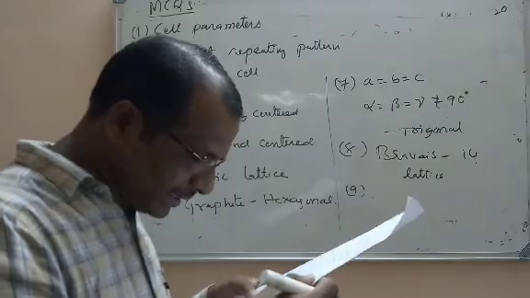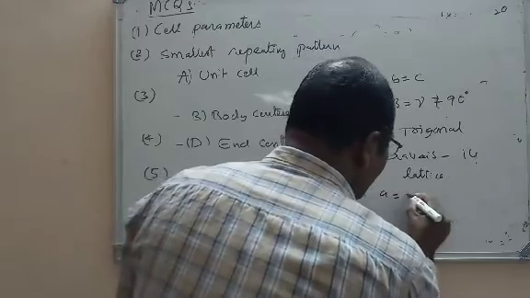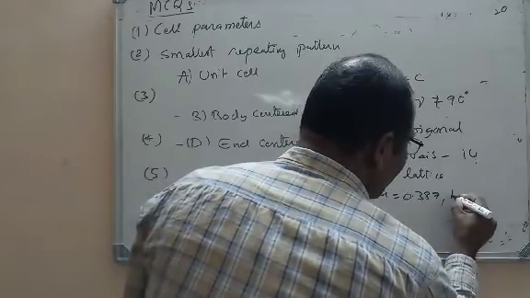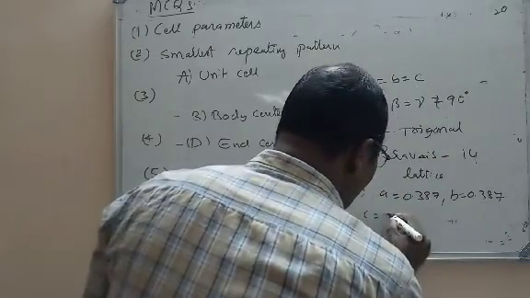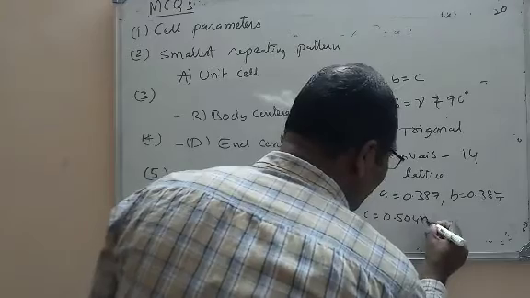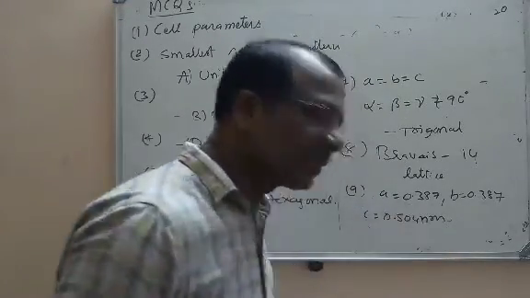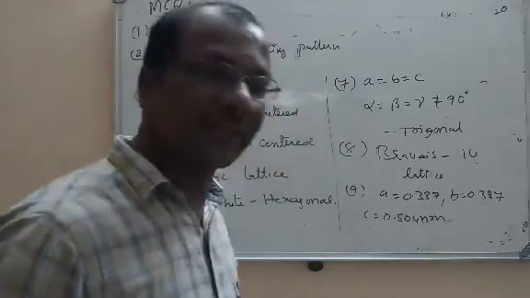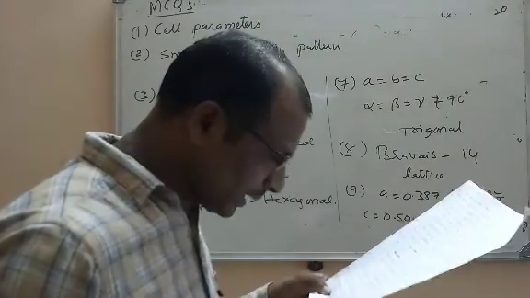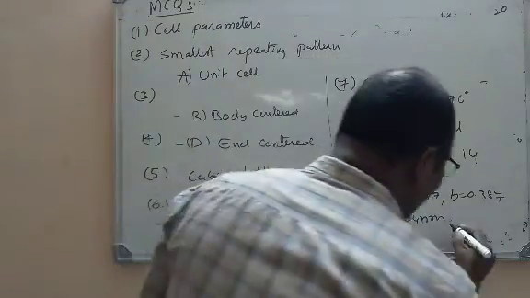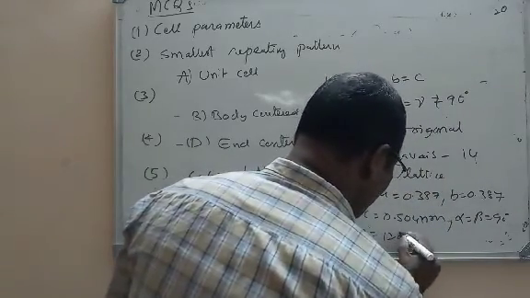Next, in a crystalline system, a compound has unit cell dimensions a equal to 0.387, b also 0.387, and c equal to 0.504 nanometers. These are the cell dimensions. And alpha is equal to beta is equal to 90 and gamma is equal to 120.